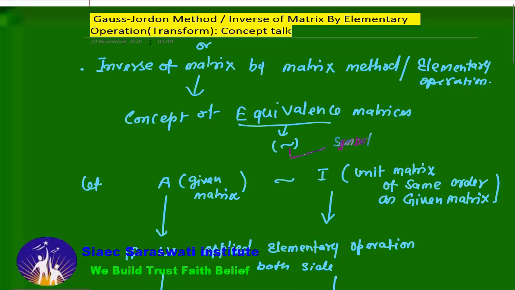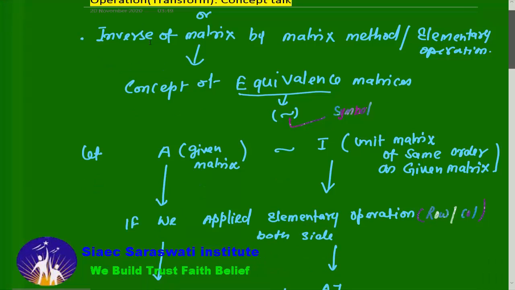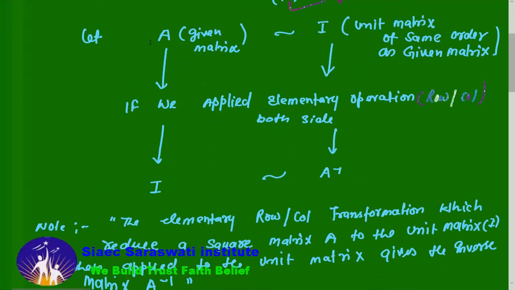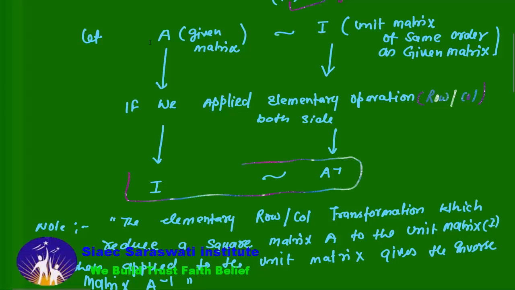If you apply the elementary operation, either row or column elementary operation, then this A matrix will convert into the matrix I, and I matrix will convert into the A inverse. So this is the concept.